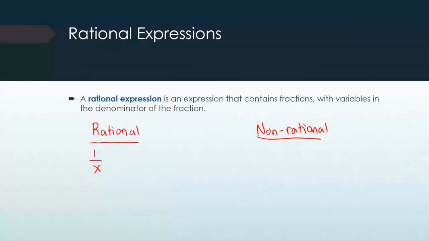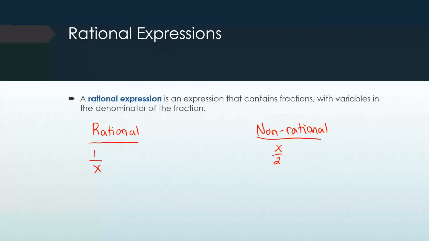So there's a variable in the denominator. Something non-rational would be like x over 2 because the denominator is an actual number, not a variable. So the key is that there's variables in the denominator, and that's what makes it a rational function.